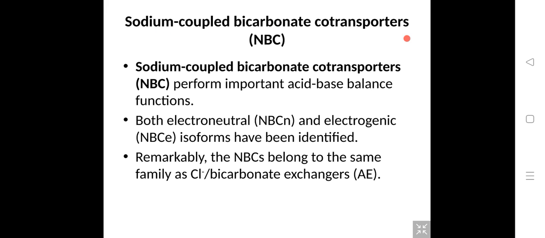The bicarbonate co-transporter protein structure is similar, but the difference comes in the function of these two. One is classified as electroneutral, and the other as electrogenic. So remarkably, NBCs belong to the same family as the chloride-bicarbonate exchangers.